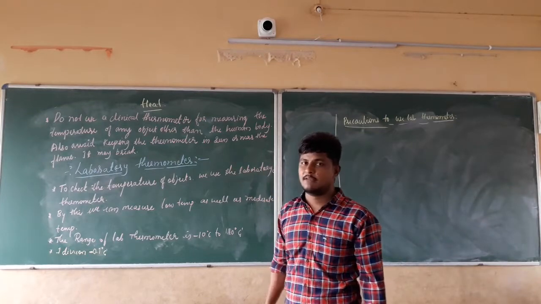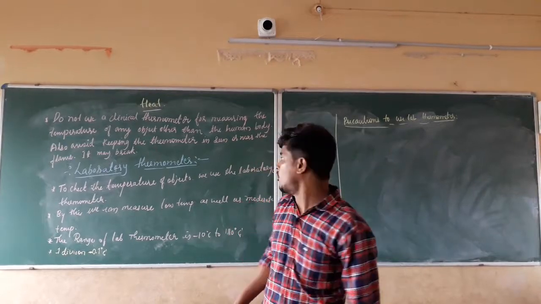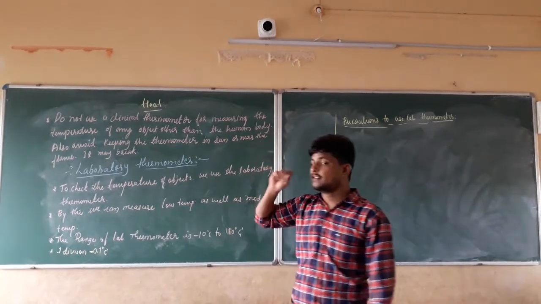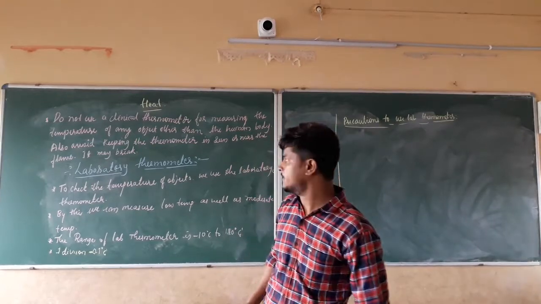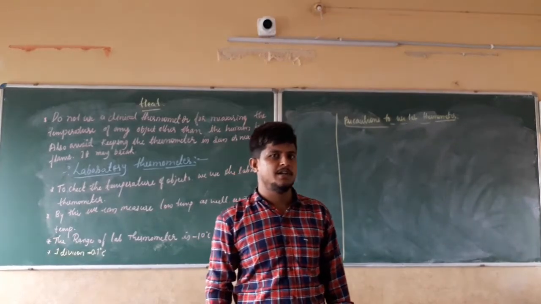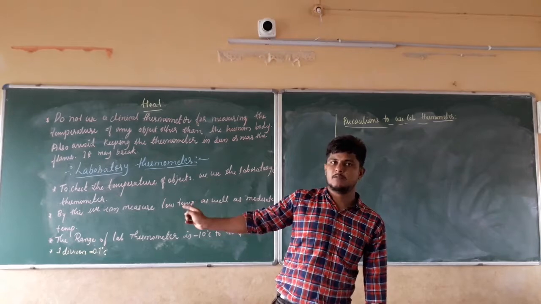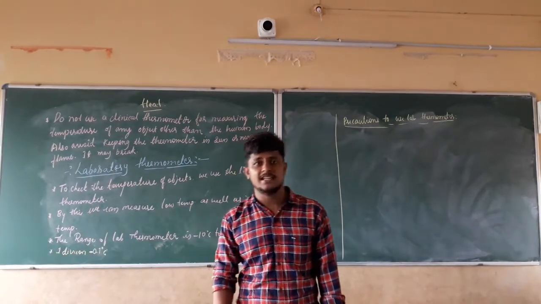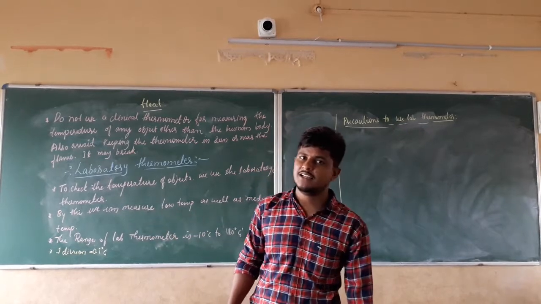Also avoid keeping the thermometer in sunlight or in the presence of a flame. Why? You may ask why. We know the range of the clinical thermometer. It is specifically made for measuring the temperature of human bodies, and it ranges from 35 degrees Celsius to 42 degrees Celsius.